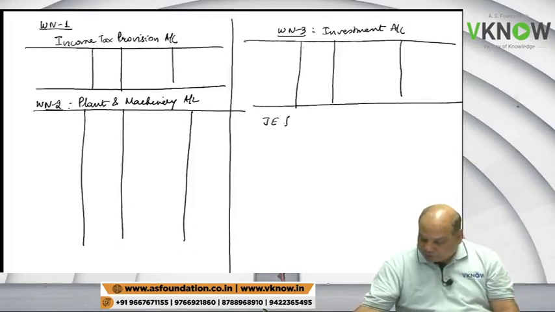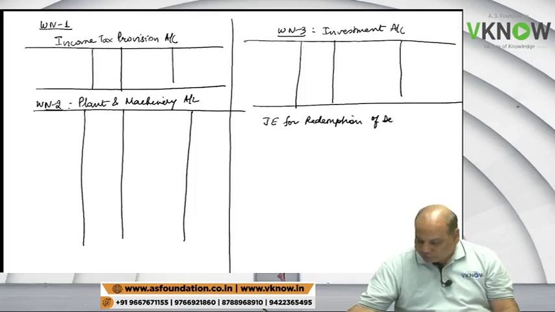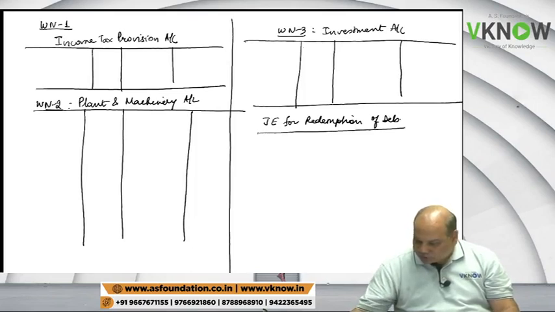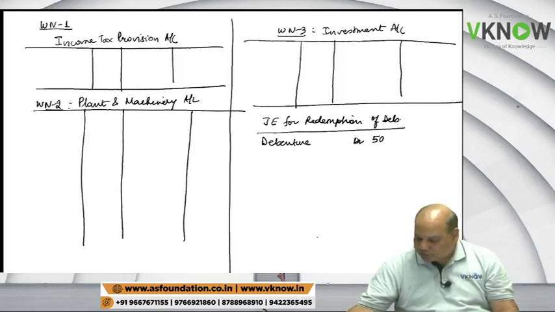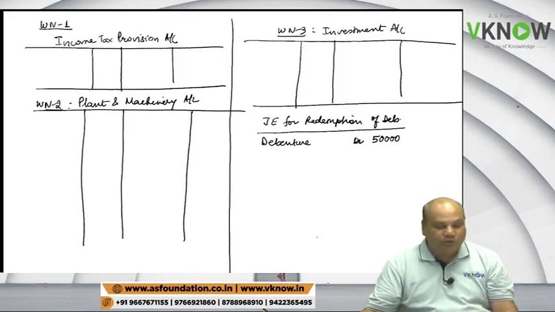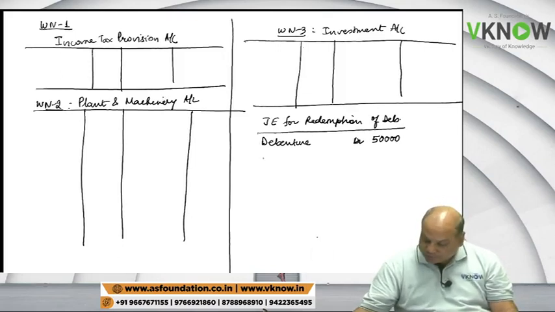So you will write the journal entry for redemption of debenture. Those who want to write can write, this is not compulsory. 50,000 rupees debenture got reduced.